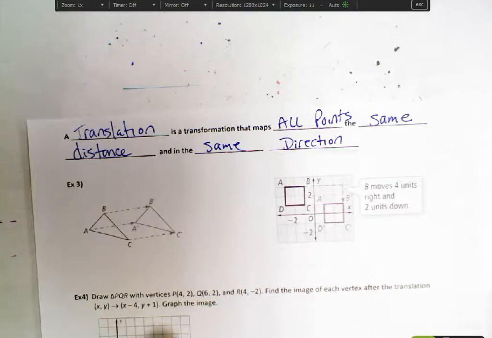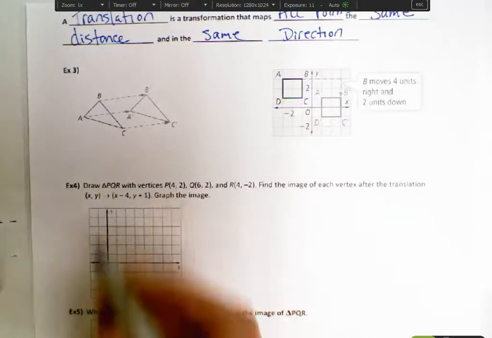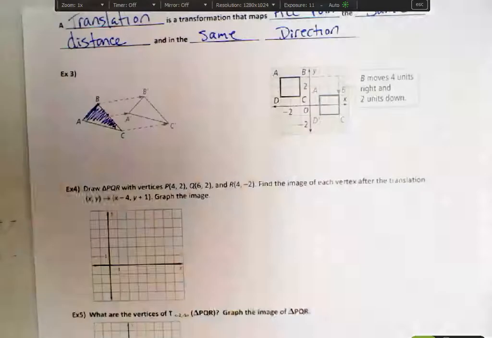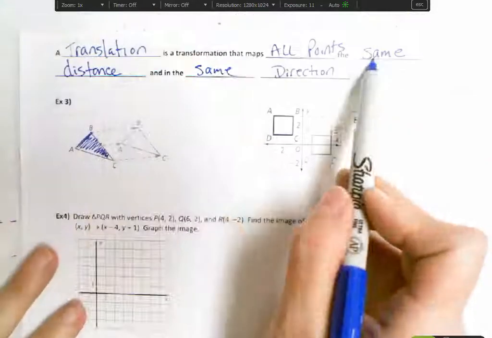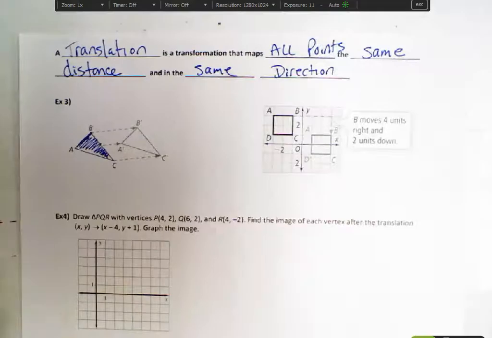So for a translation, I take my original triangle and I map it the same distance and the same direction.